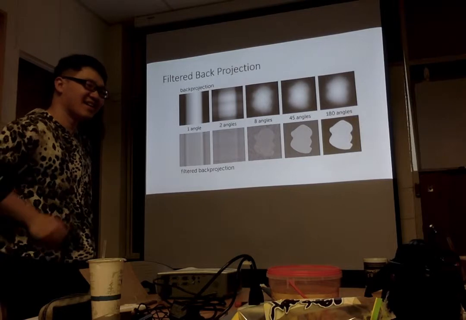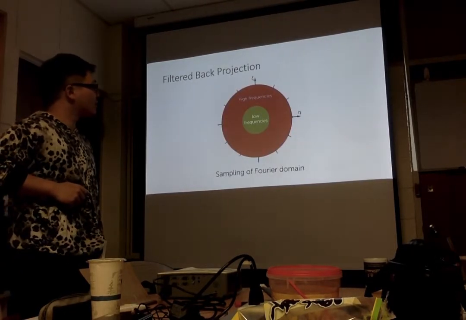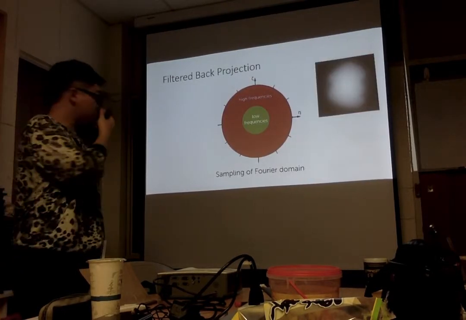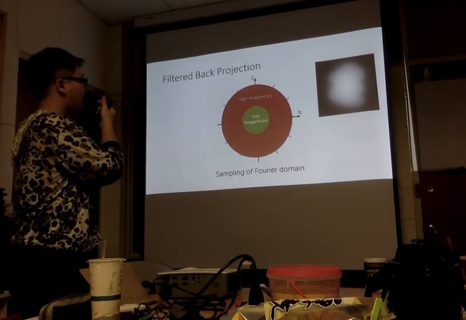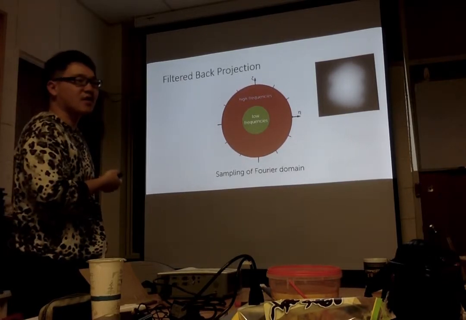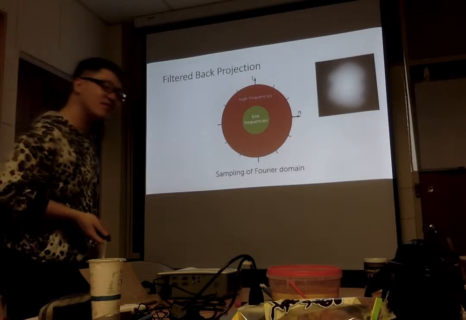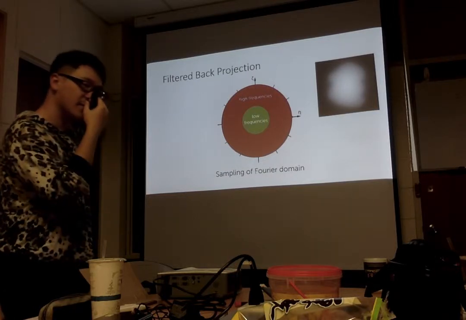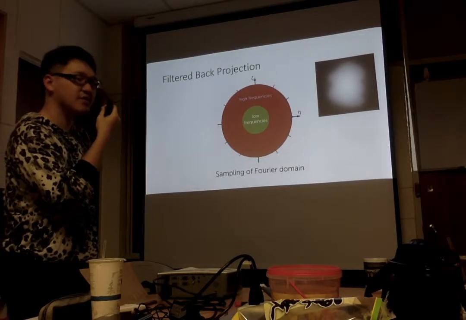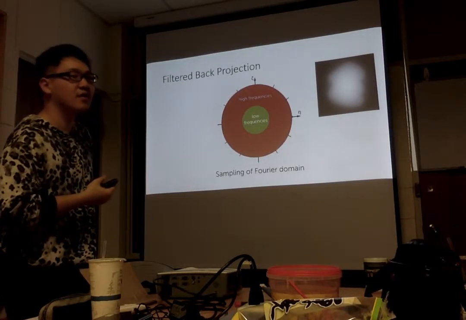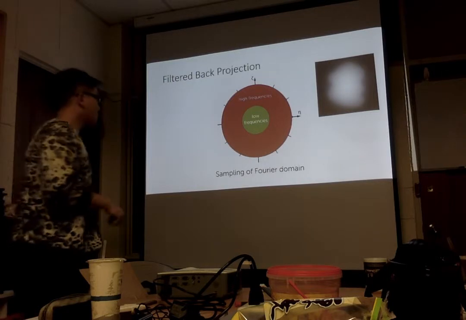I don't understand. Can you say that again? You mean you can understand why I use the filter? I don't understand why the high frequency signal is less than the actual frequency signal.